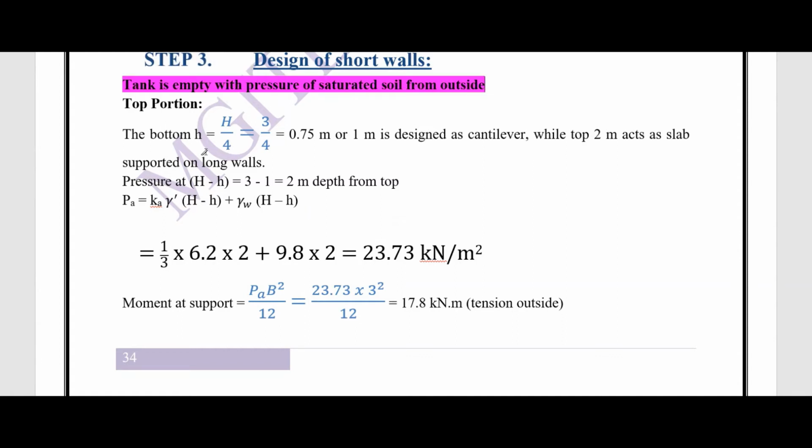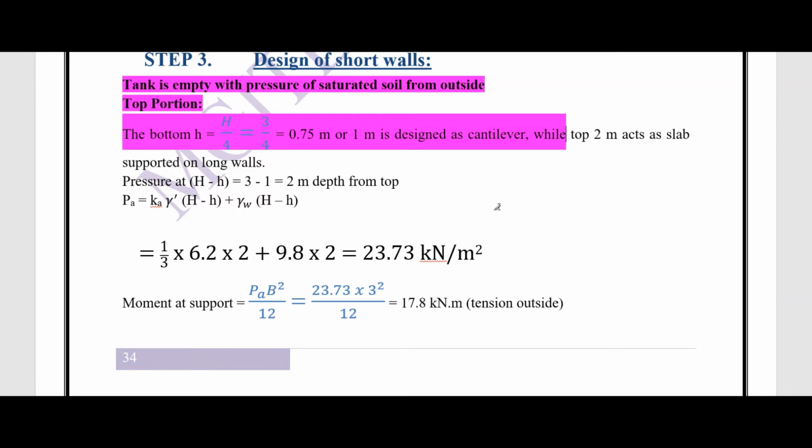So the top portion h is equal to H by 4. So 1 meter is designed as a cantilever, while 2 meters act as a slab supported on the long wall. So pressure at 2 meters from the top: PA is equal to K gamma dash (capital H minus small h) plus gamma W (capital H minus small h).